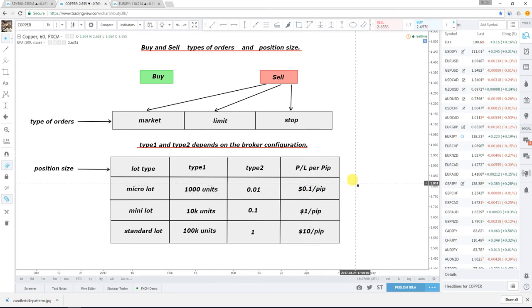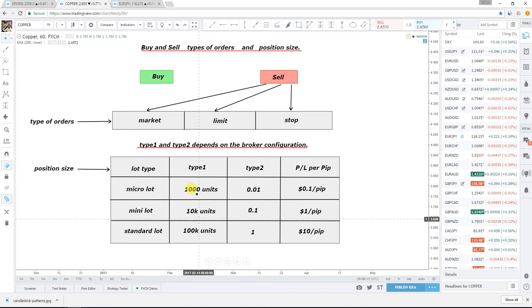So if the market goes in my direction 1 pip, I'm gonna win $0.1 in the micro lot. In the mini lot, $1, and in the standard lot I'm gonna win $10 because I'm opening a bigger position size.